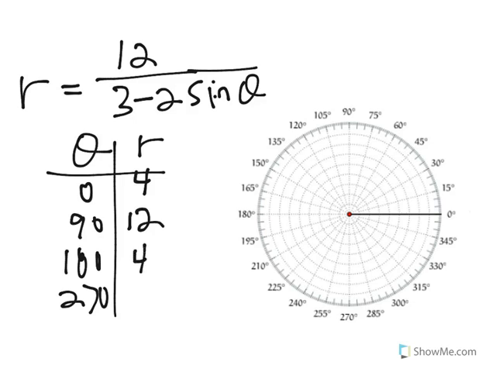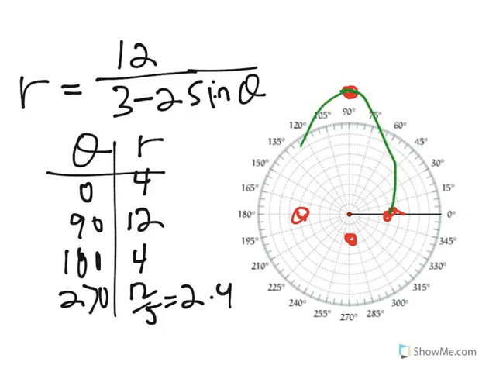And 270, sine of 270 is negative 1, so it's 12 over 5, which is 2.4. If I graph those 4 points, it ends up looking like that.